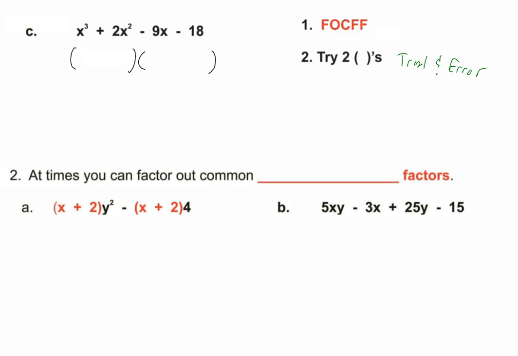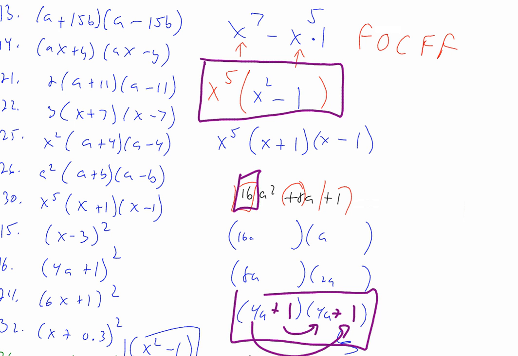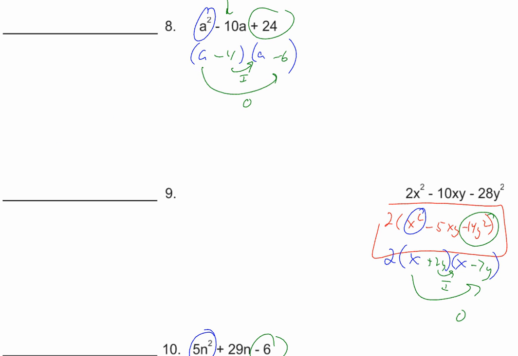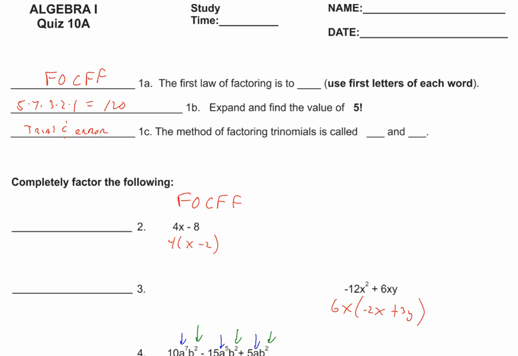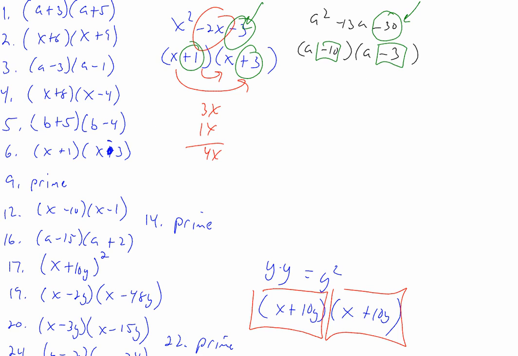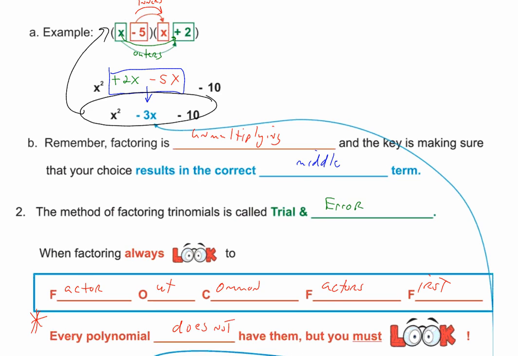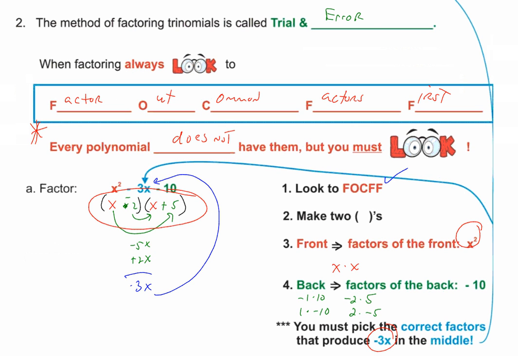All right, so let me go through how I taught you to do trial and error. Way back, here's how we learned it. Factor out common factors first, right? Make two parentheses. Did we do that? Did you take factors of the front to put in the front?